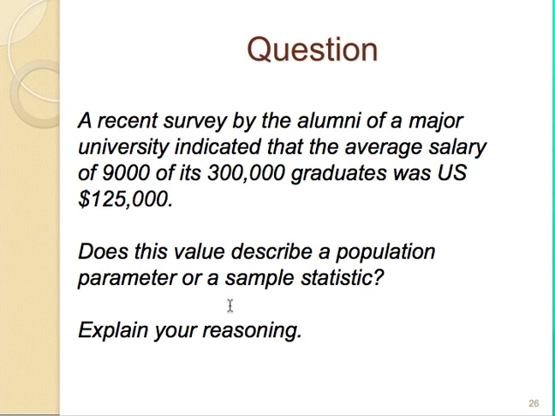Okay, here's a question. A recent survey by the alumni of a major university indicated that the average salary of 9,000 of its 300,000 graduates was US $125,000. Does this value describe a population parameter or a sample statistic?